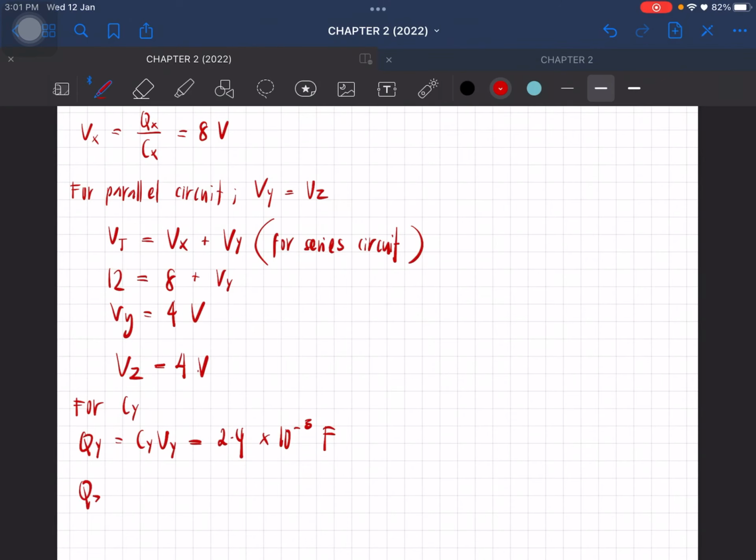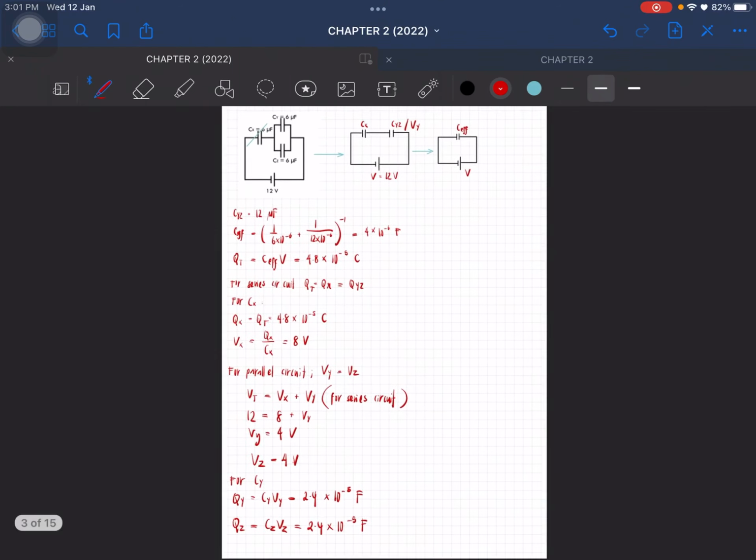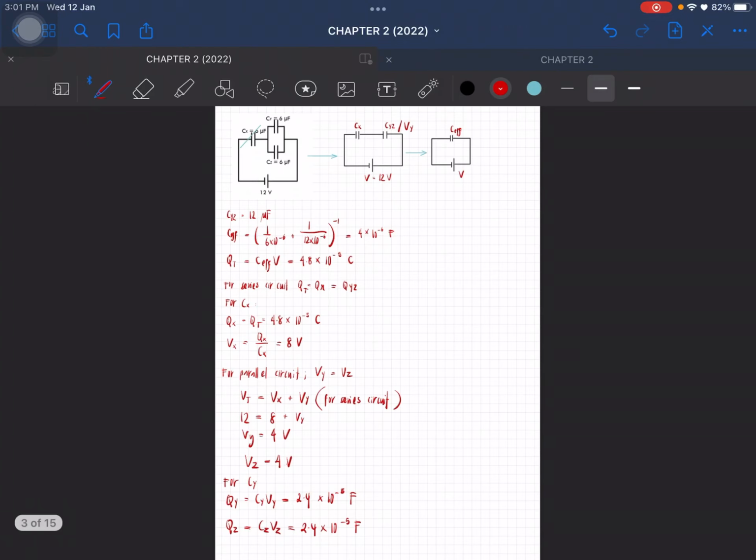And then for QZ, CZ times VZ, which is also gonna be the same, 2.4 times 10 to the negative 5 coulomb. Okay, so that is a long process, but it's actually very simple if you understand the concept.